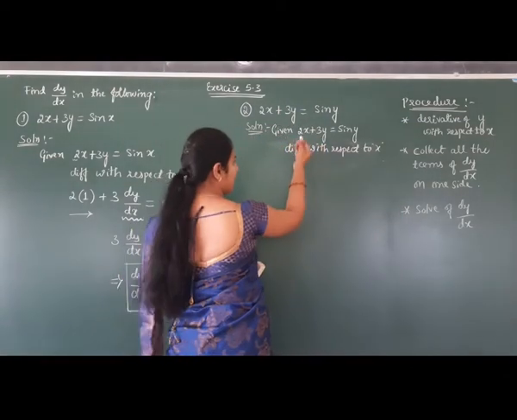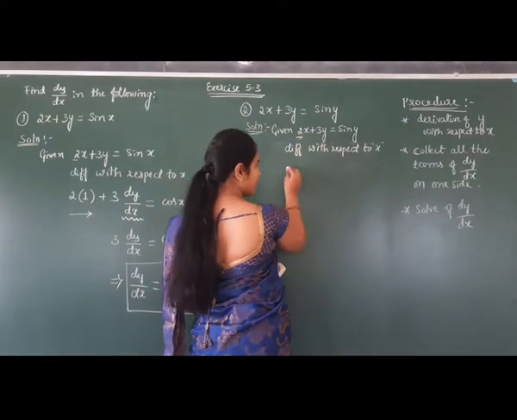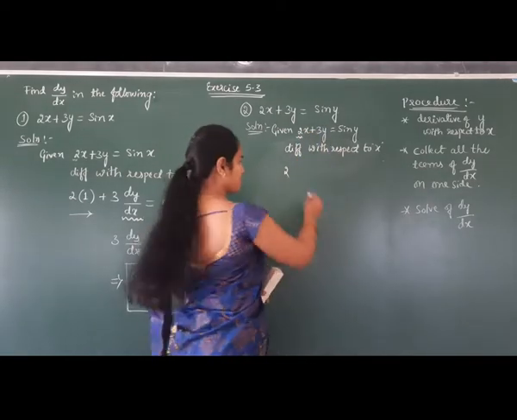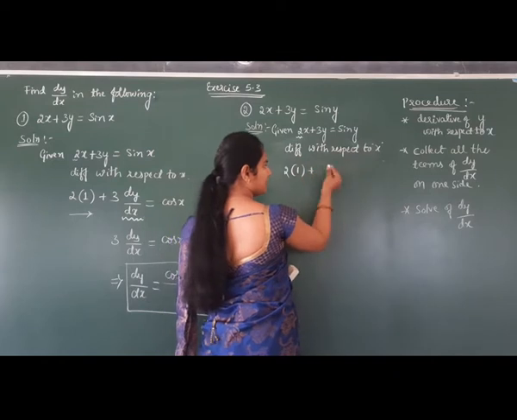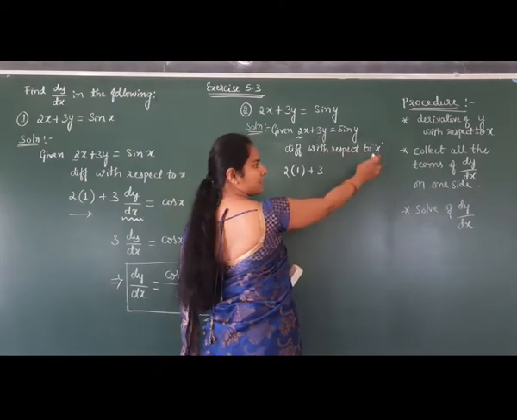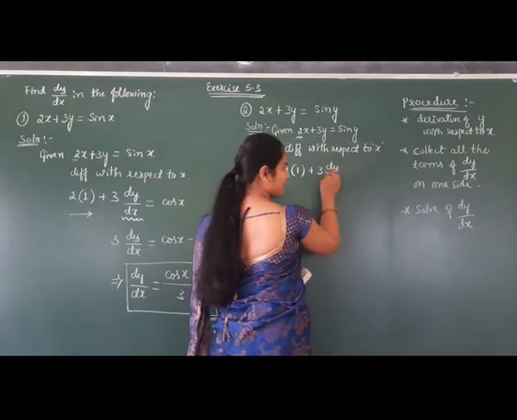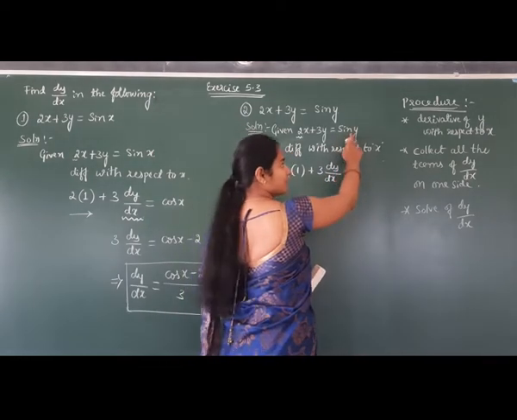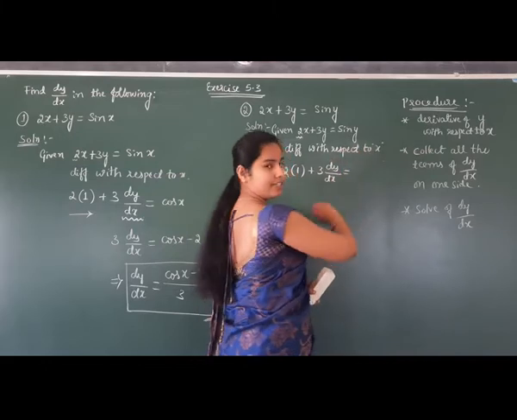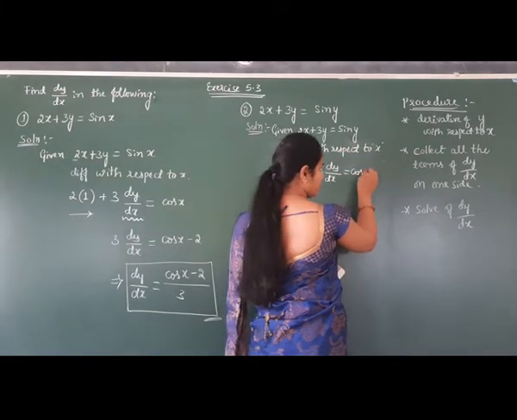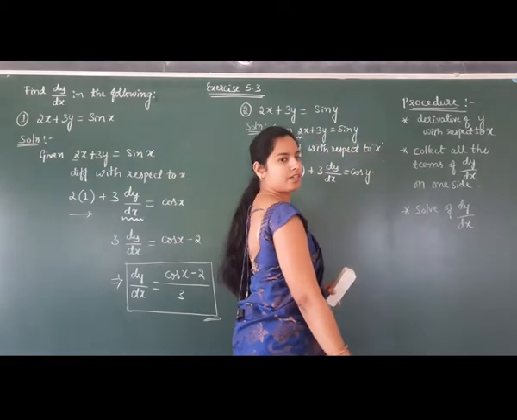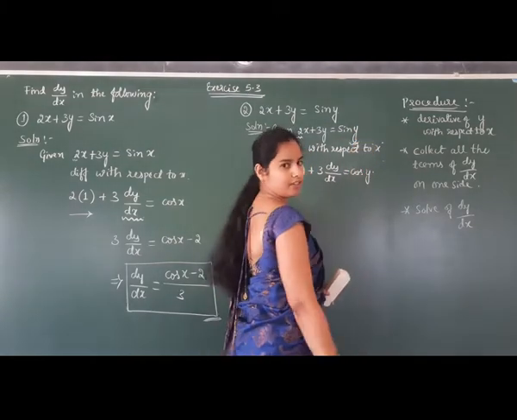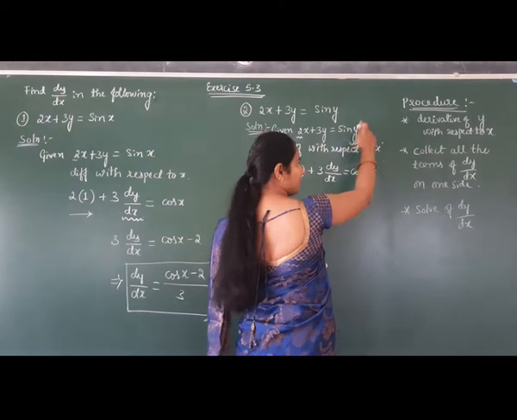So now we have, here is the constant 2. Derivative of x with respect to x is 1, plus 3 into derivative of y with respect to x, which is dy by dx, equal to derivative of sin y with respect to x, which is cos y into derivative of y with respect to x.